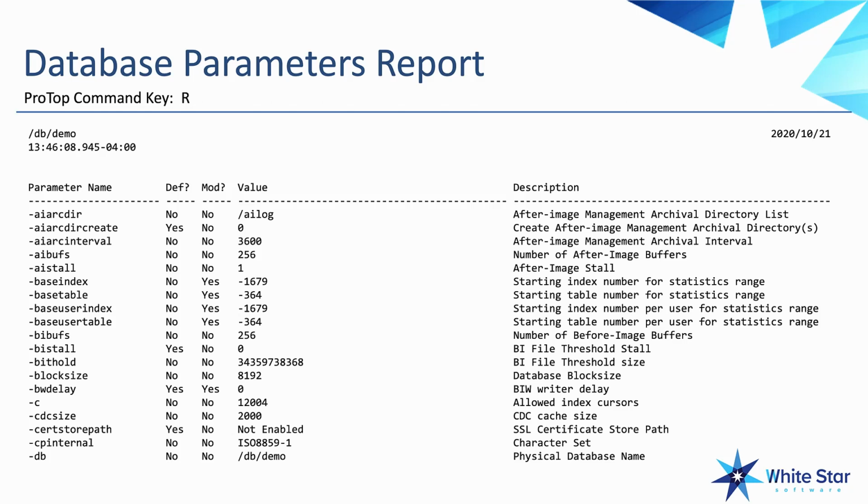So if there have been any online parameter changes, those also show up in here. This is a scrollable screen. I've just shown the first 20 some odd lines here, but you can go through this and see what all of the current database startup parameters are. Very handy. You can make a copy of this if you want to keep records of it and tuck that away somewhere.